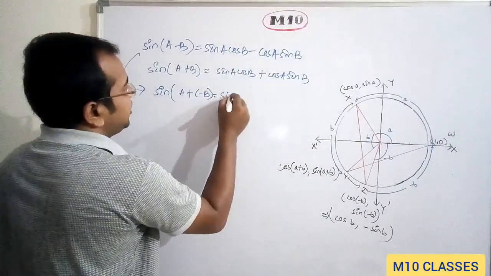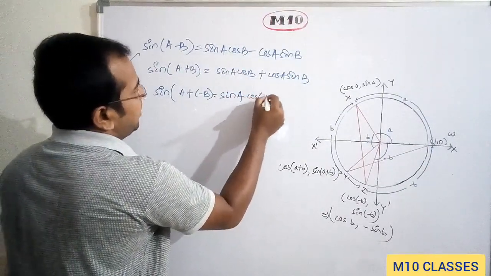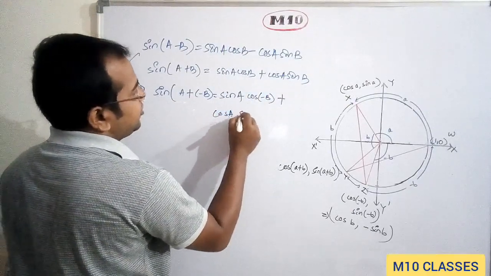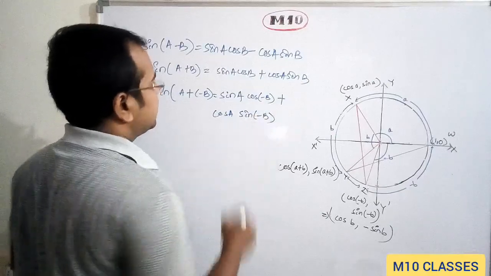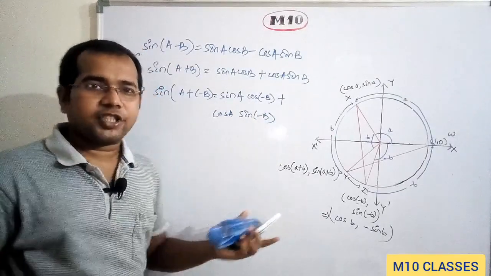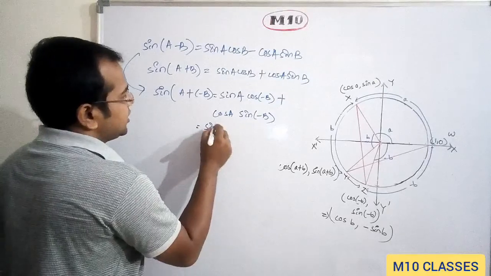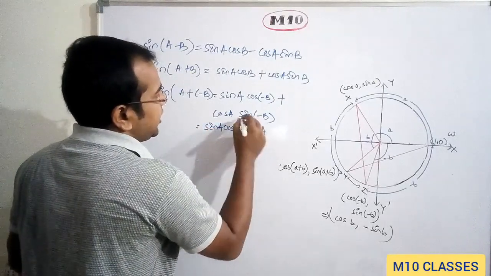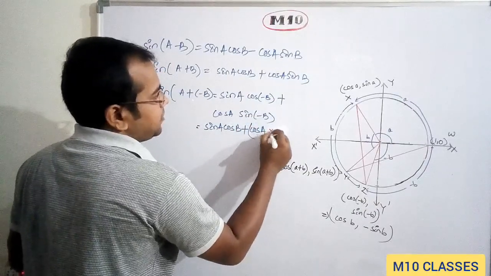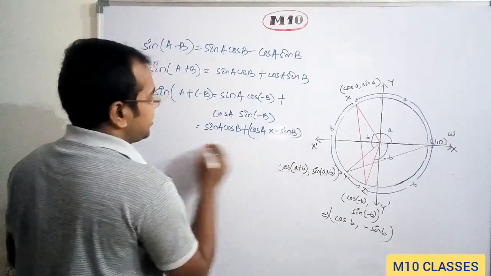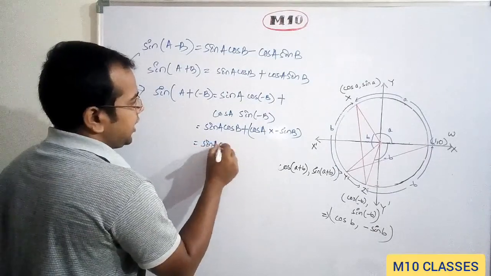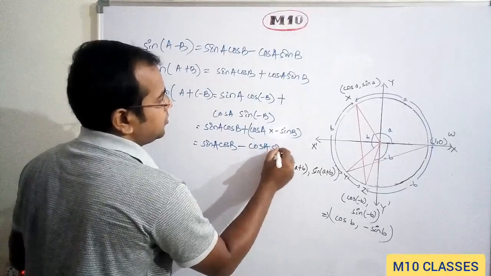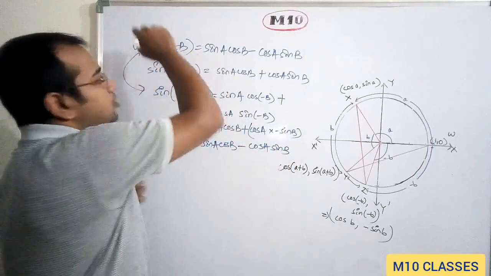By putting these values you will get sin A into cos of minus B plus cos A into sin of minus B. Cos of minus theta is cos theta. So you can put here sin A into cos B plus cos A. Here sin of minus B is minus sin B. So what will you get here? Sin A cos B, and this will be minus cos A into sin B. And this is also proved.